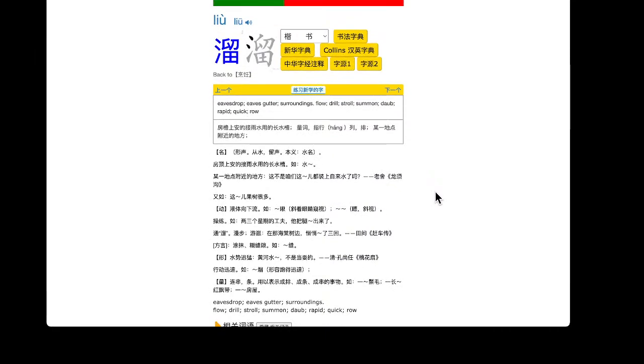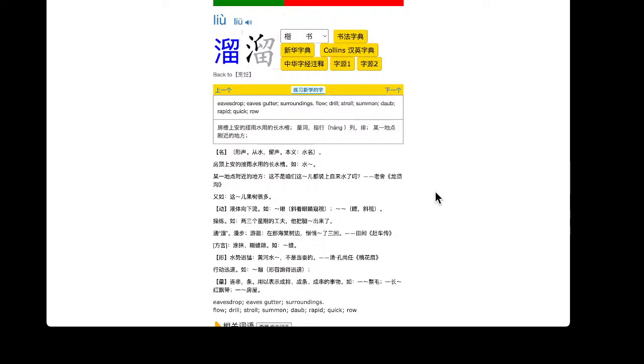Okay, and then 溜, another thing, means something that together forms a shape like a string, like lined up, like a string. That's called 溜.